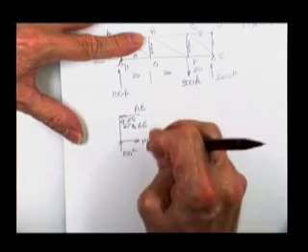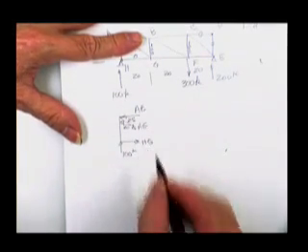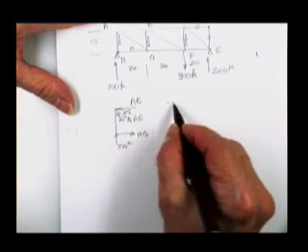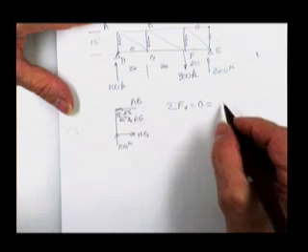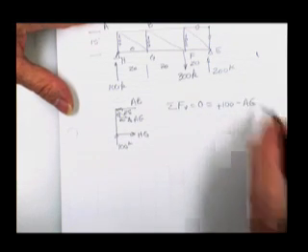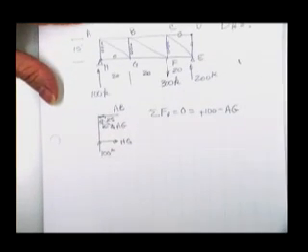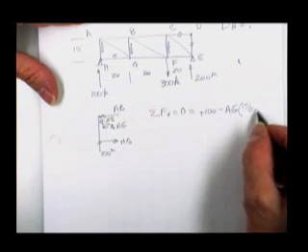Sum of the forces in the vertical direction is equal to 0 is equal to plus 100 minus AG times, not all of AG points down, only 15 out of 25 points down.